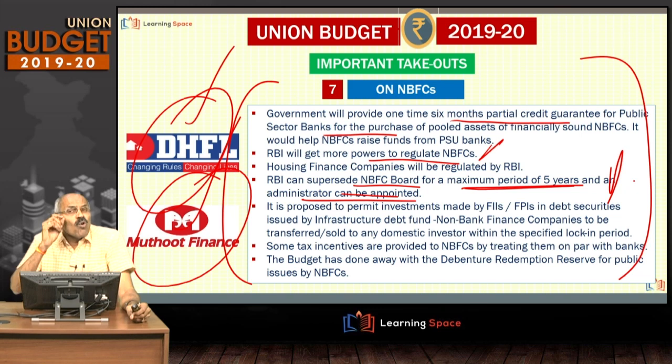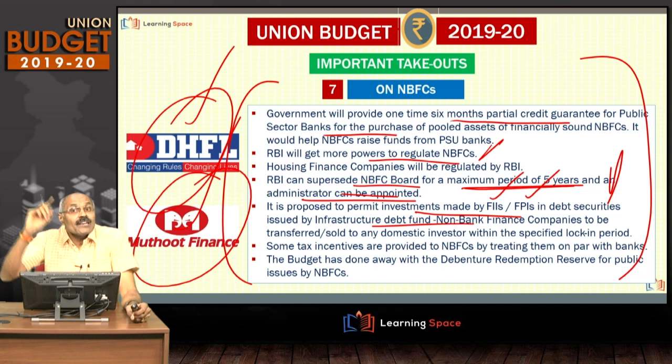That means more powers are given to Reserve Bank of India as far as NBFCs are concerned. Then it is proposed to permit investments made by FIIs, FPIs in debt securities. That means the mechanism pertaining to investments by foreign portfolio investors into the NBFCs is eased, so that they can get more money from foreign investors.